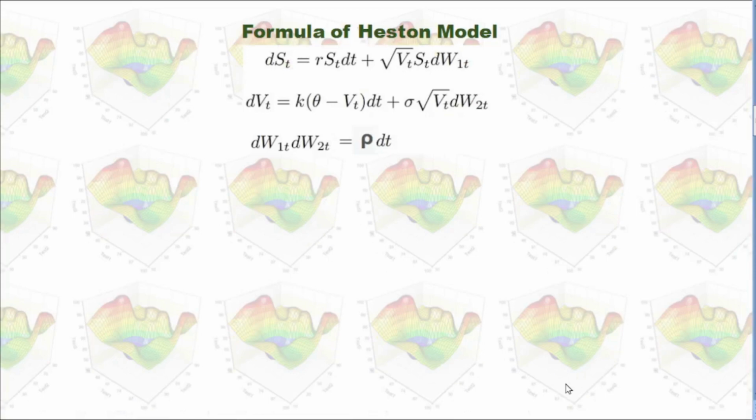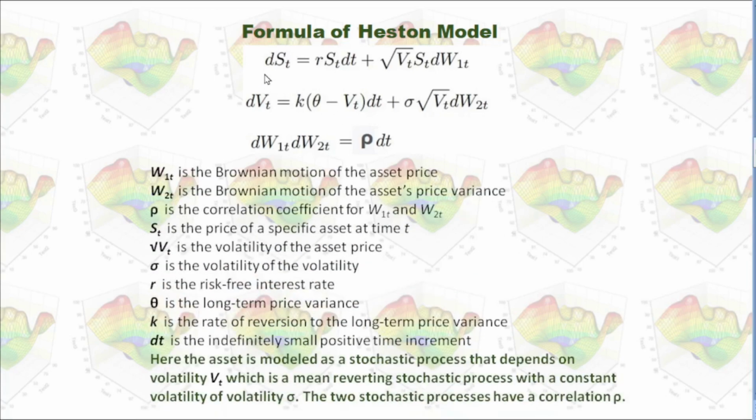Now, let's take a look at the three formulas of Heston model. First, it describes the price change of the asset. Second equation describes the volatility change of the asset.